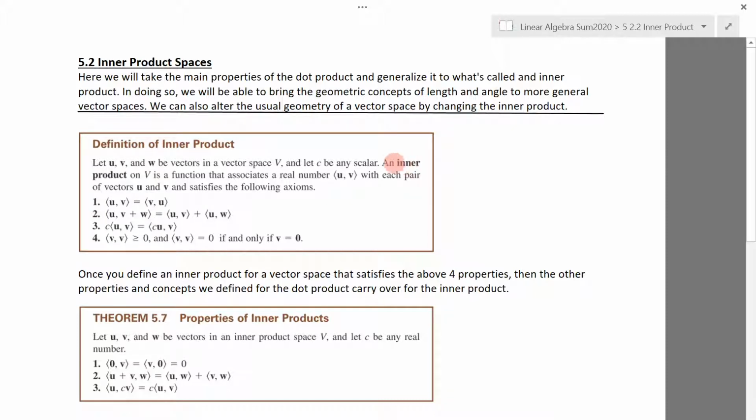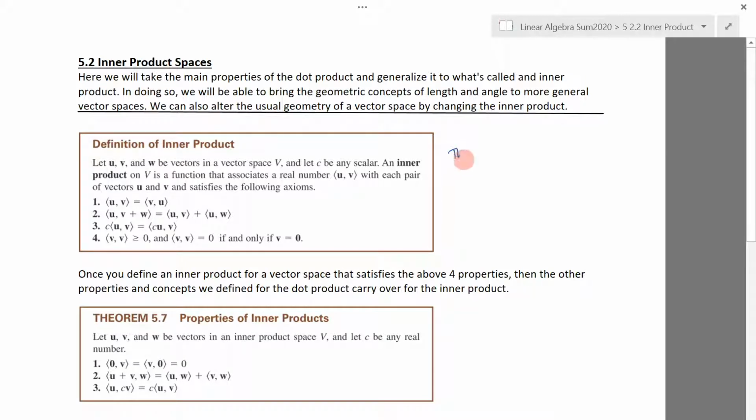As we said, the inner product plays the role of generalizing the dot product to arbitrary vector spaces. The inner product, for which we use this bracket notation, the angle brackets. Like the dot product, the result of the inner product is a real number and not a vector.